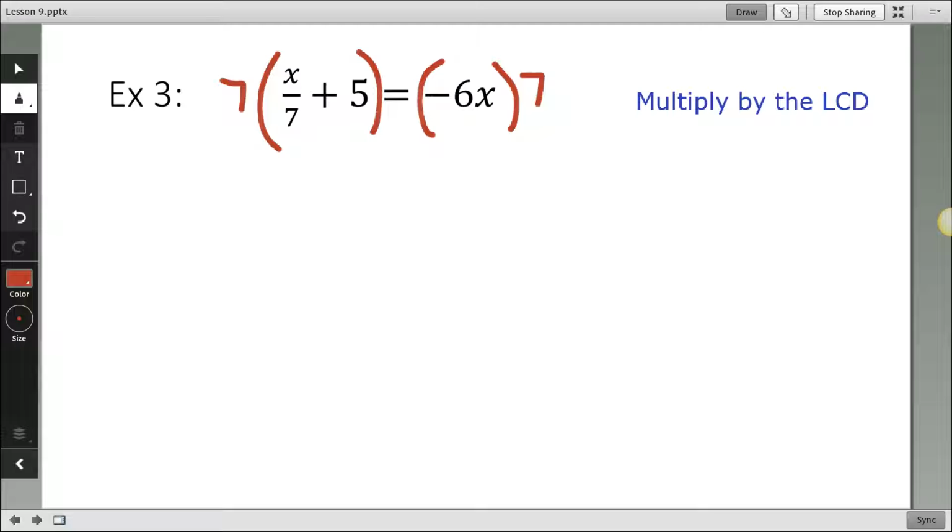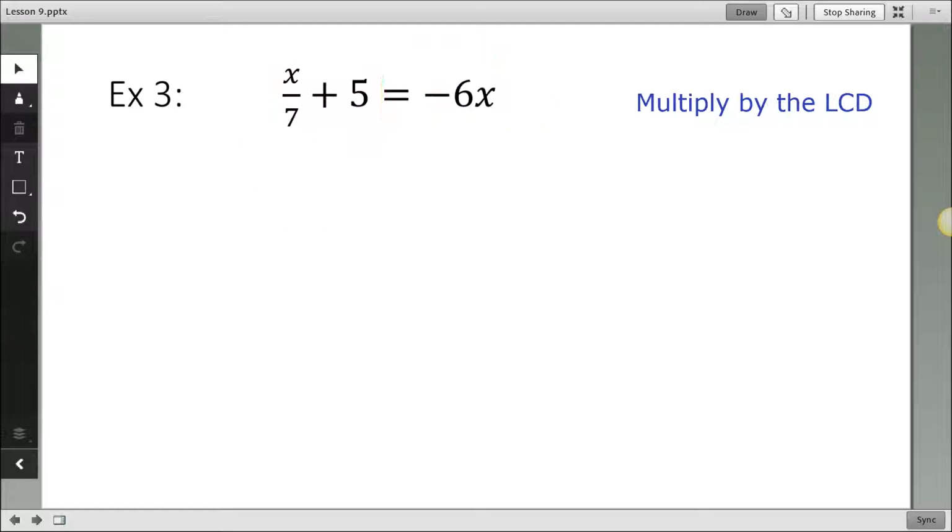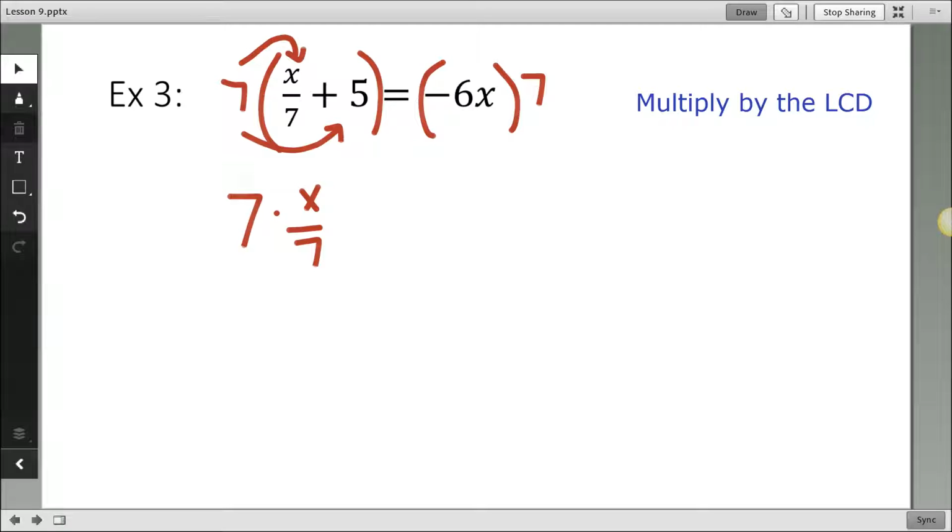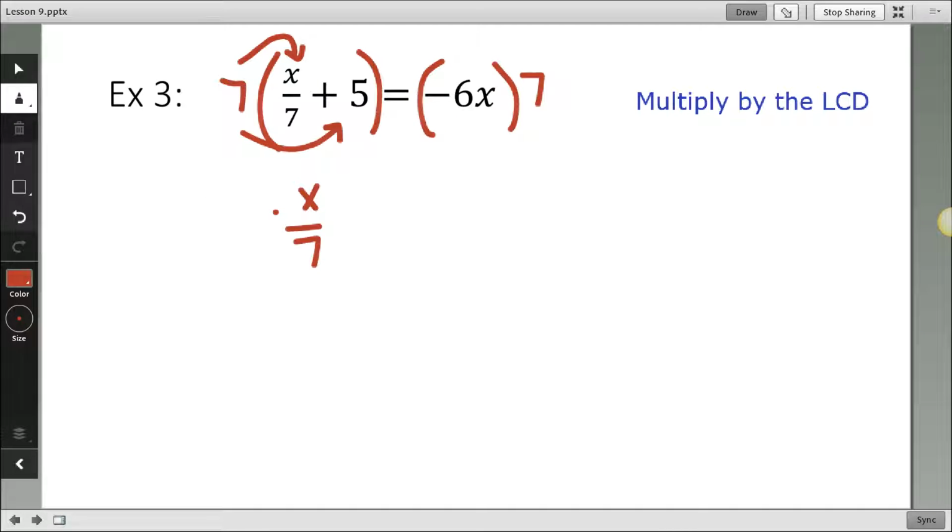So what does that do? If I distribute that 7, I get 7 times x over 7. I'm going to write that 7 a little bit smaller so I can do some work with it in just a second. And then 7 times 5. And then on the other side, I've got negative 6 times 7 times x.